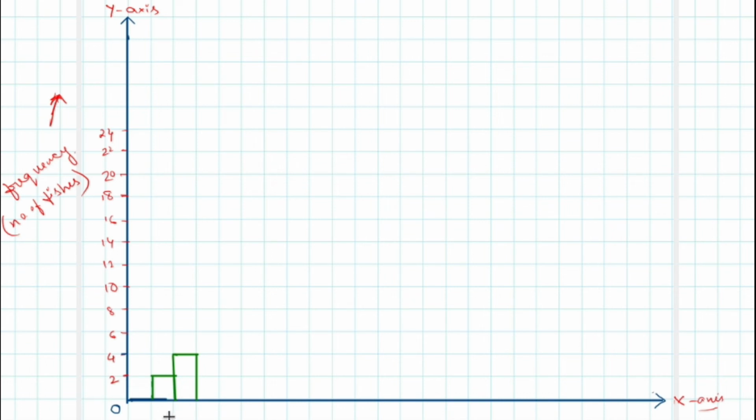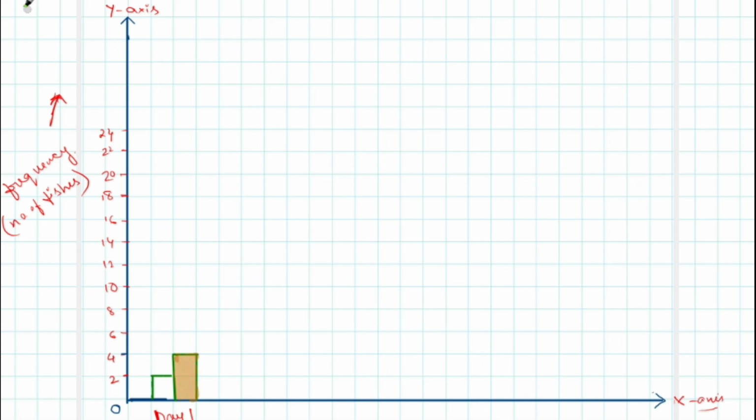Okay, so this is for day 1. Now how to differentiate between Sam and Terry? We will put a color inside. Suppose the white one is for Sam and the shaded one is for Terry.